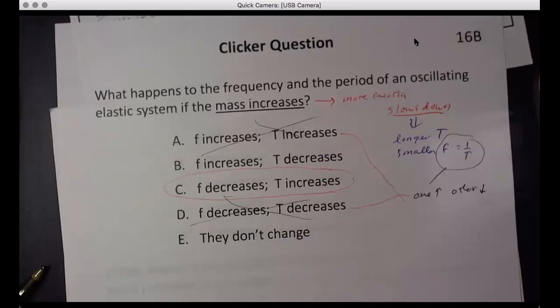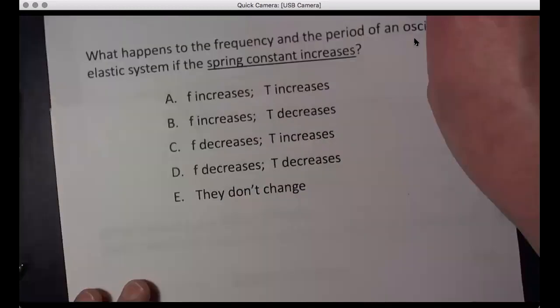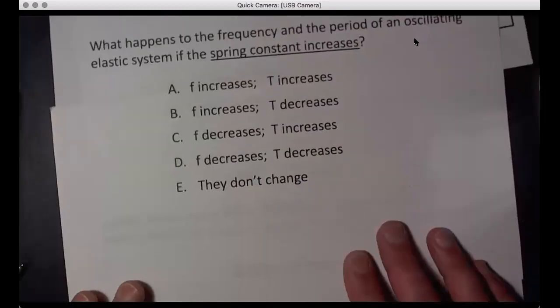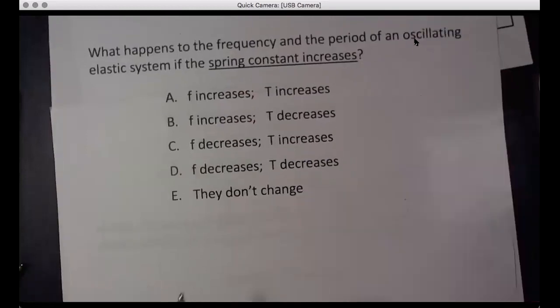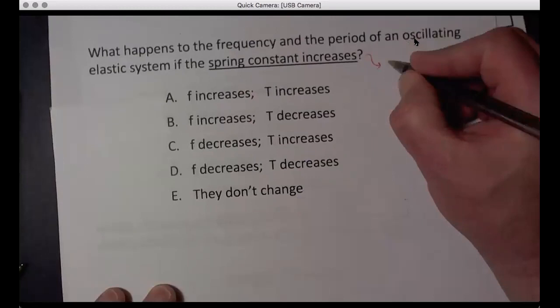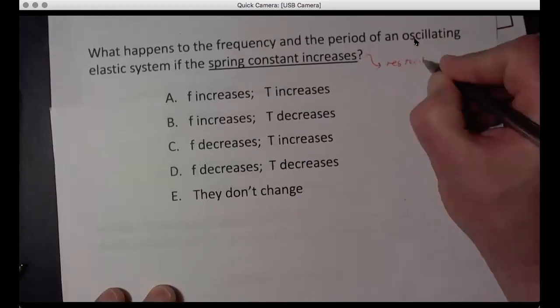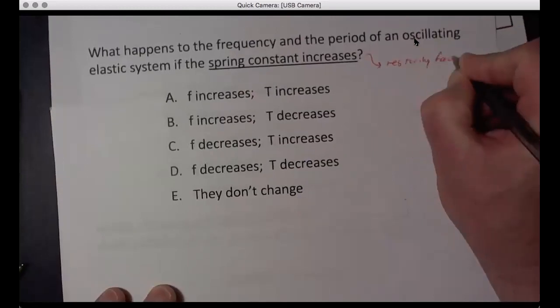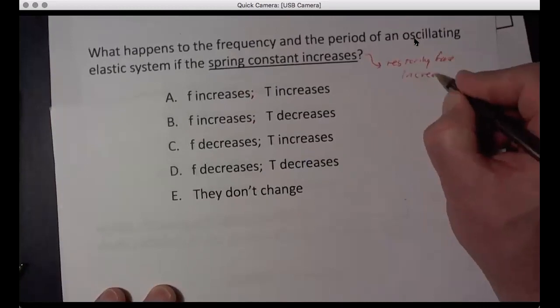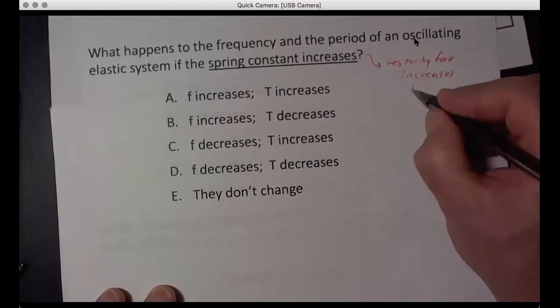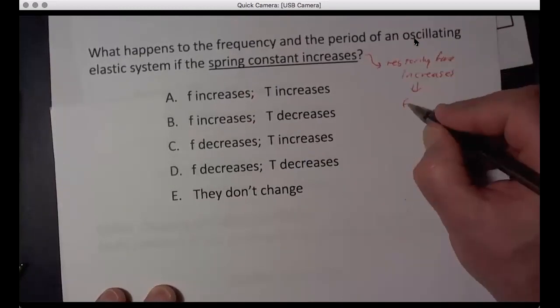Okay, so great. Now, spring constant increases. So that's the restoring force increases. And so that means it's faster.